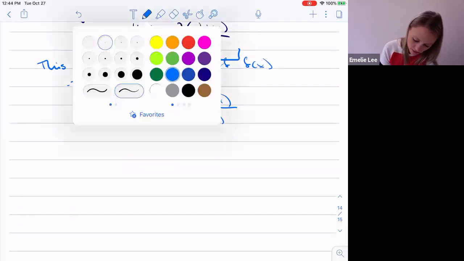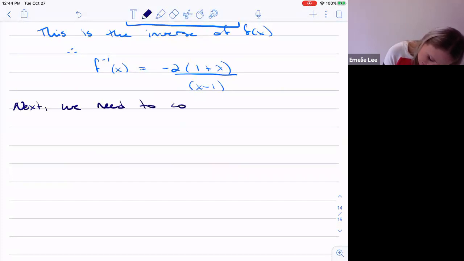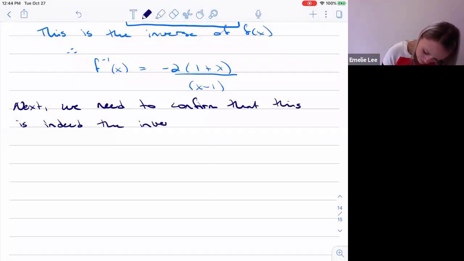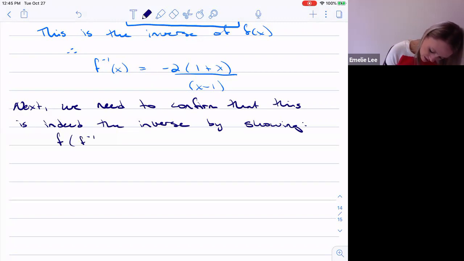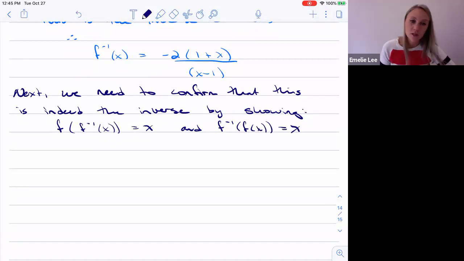So now, next, we need to confirm that this is indeed the inverse, just like we were doing before, by showing f composed with the inverse of f of x is equal to x, and the inverse composed with the function also has to equal x.